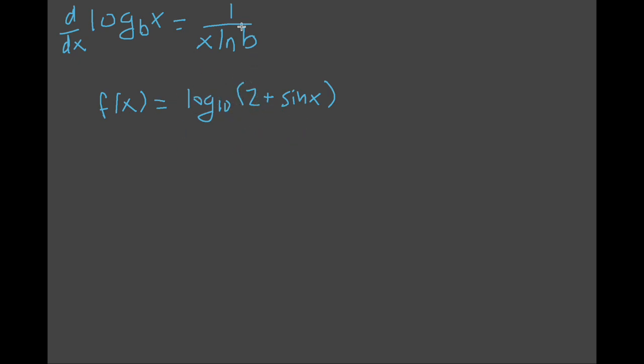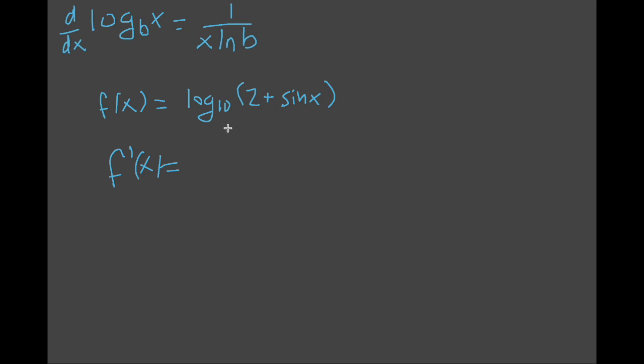So anyway, following this rule, it would be whatever's on the inside right here. So we have our log base b of x. When we take the derivative, that x comes out on the bottom.